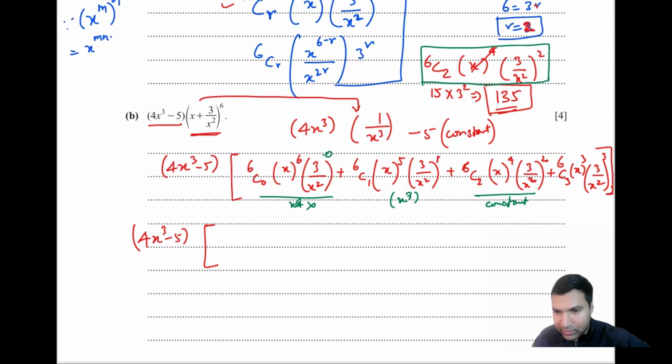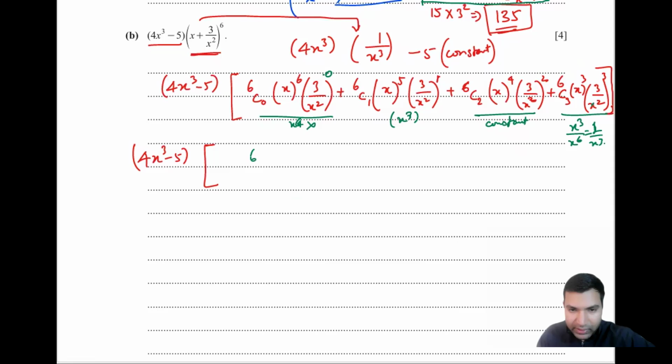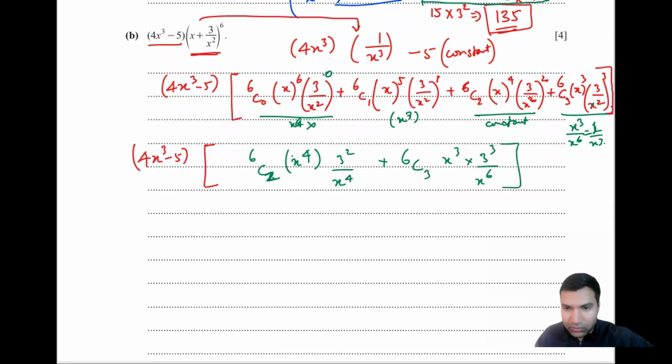I need this one. And 6c3, this also gives me x to the power 3 and x square whole thing to the power 3. So this gives you x cube over x to the power 6, right? x square to the power 3 is x power 6, and this gives you 1 over x to the power 3. That means what I get is 6c2 x to the power 4, 3 square over x power 4, plus 6c3 x cube times 3 cube over x to the power 6, right? These two terms I got.